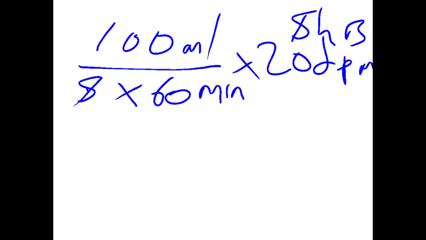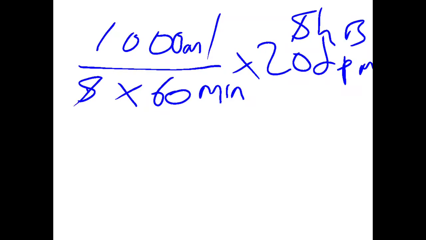So when you do the multiplications, how much do we arrive at? We start by converting the time to minutes: 8 times 60 gives you 480. So 1000 mils on top, divided by 480.